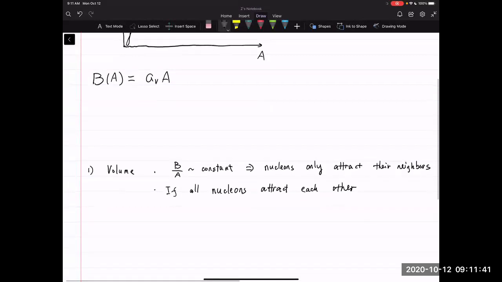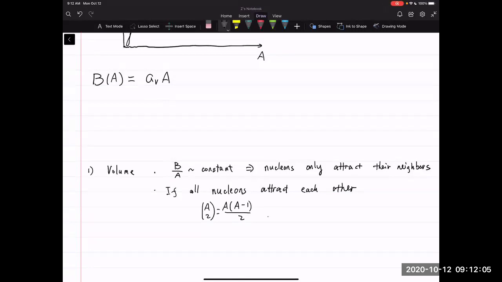If all nucleons attract each other, then we have to consider all the pairs. If we have A nucleons, then the number of pairs is A times A minus 1, choosing 2 from A.